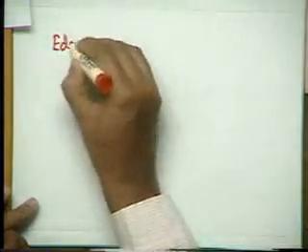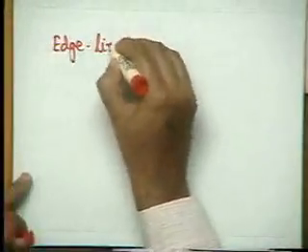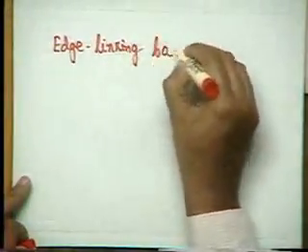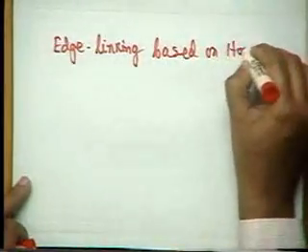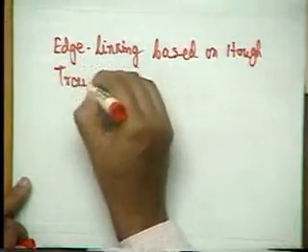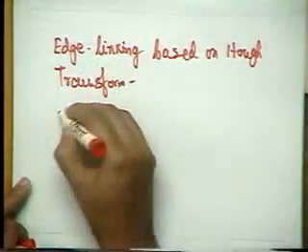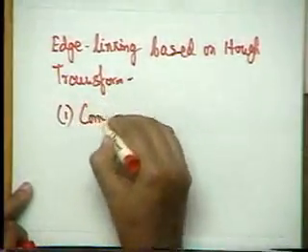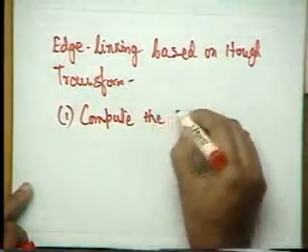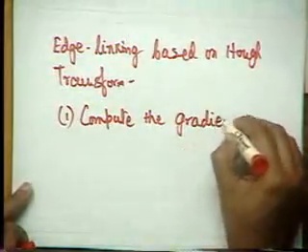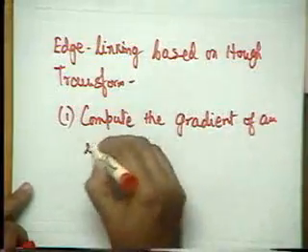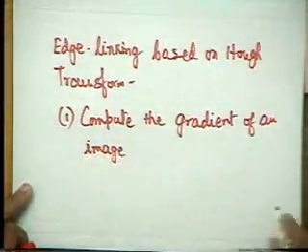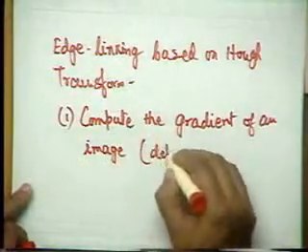Now let me summarize the various steps which we are doing. Edge linking based on Hough transform. At first, we compute the gradient of an image, or rather, you detect the edge segments, the edge pixels. This is for the detection of edge pixels.